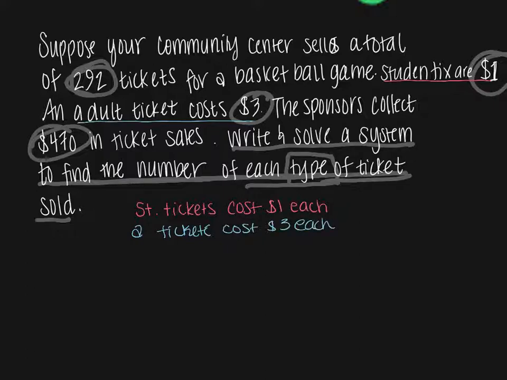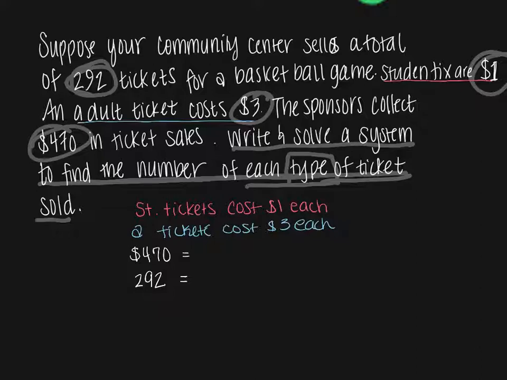I know that I have 470 in total sales. So I have 470 equal to the amount sold of each. And I have 292 tickets that were sold total.